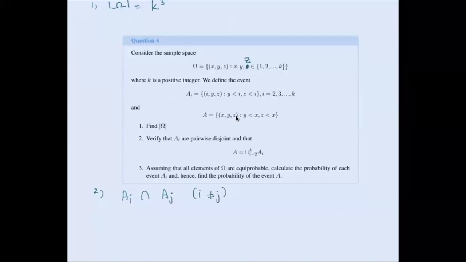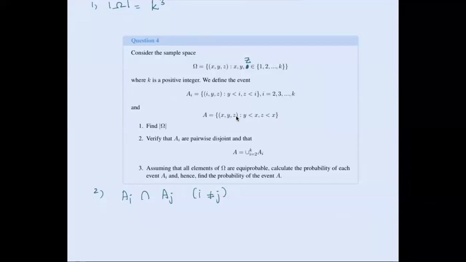We will show that for every pair of A_i, A_j, they are pairwise disjoint, no matter if it is A1, A2, or A2, A3, or A1, A3. We show this in general because we do not pick specific values for i and j. We just talk about it in general.